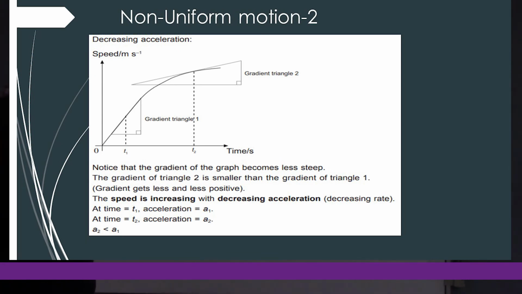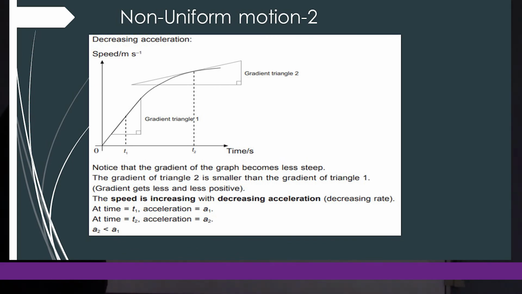Same thing with this one. Calculate your gradient by using the triangle method, change in y over change in x. And you get your gradient, which you are saying this gradient represents the acceleration.